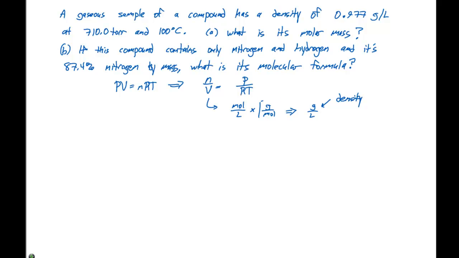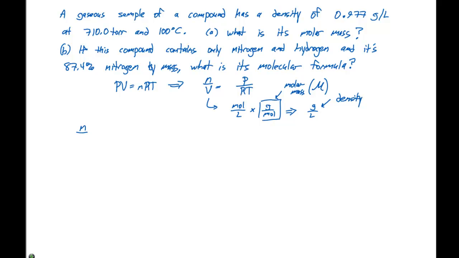If we think about what we know that's in grams per liter, this is going to be our molar mass, which is sometimes abbreviated with this cursive capital M type of letter. So we're going to multiply the left and the right side of the equation by the molar mass.